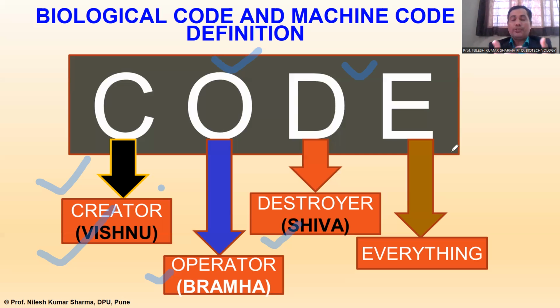These codes will keep driving the biological system, from unicellular bacteria to the trillions of cells in the human body, and also the machine system where codes are in place. And that will be in balance, forever. That is the definition of the code that is driving today and will drive forever: creator, operator, destroyer of everything.